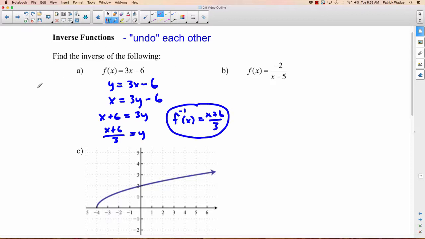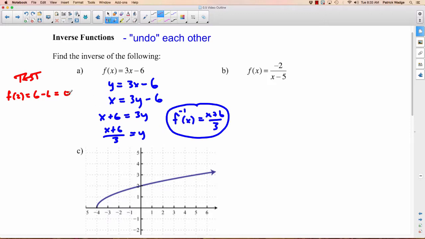Okay, let's just test this. You don't have to always do this, but just to show you how this works. Let's say that we plug 2 into the original function. So you would have f of 2, which equals 3 times 2, which is 6, take away 6, and you get 0. So how would we test this to give a pretty good indication we've done it right?